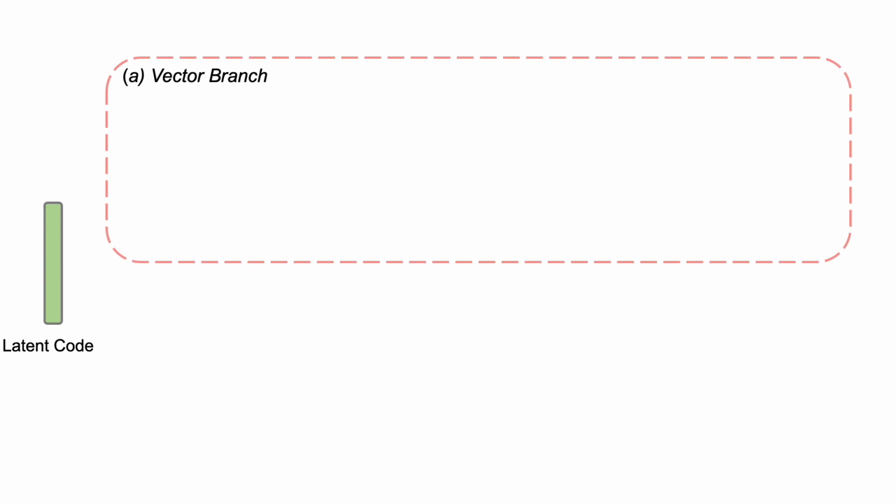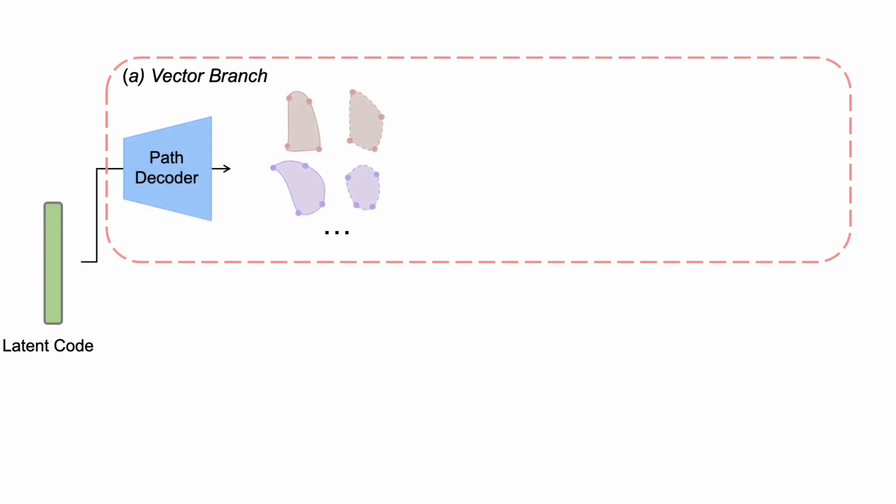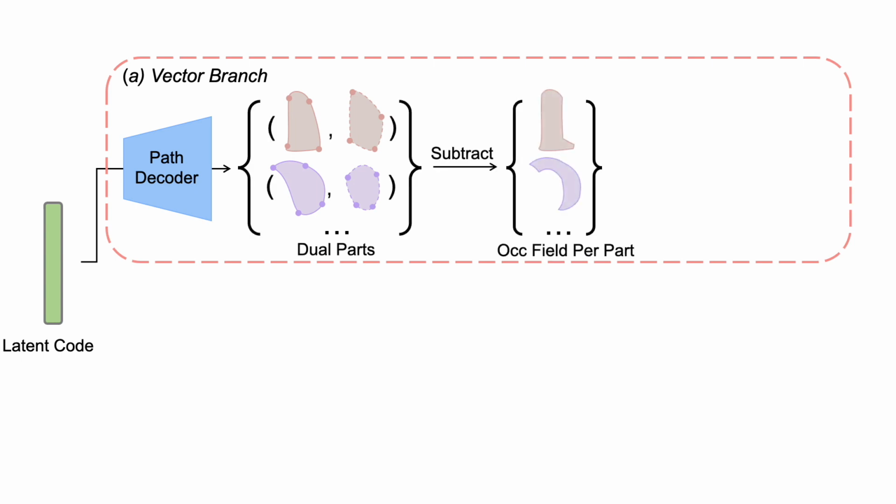We associate each glyph with a latent code. In the vector branch, a path decoder first maps the latent code to the control points of dual parts, which are further gathered to form a global shape. To train this branch, we randomly sample points in the 2D space and apply a loss on the analytical occupancy field.